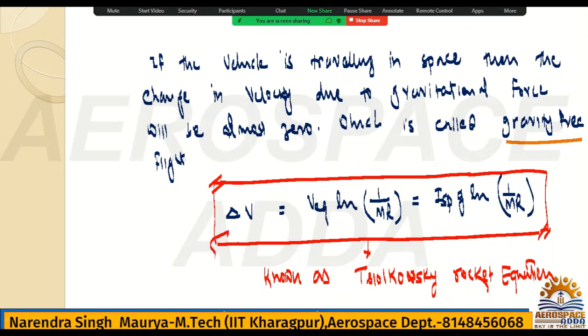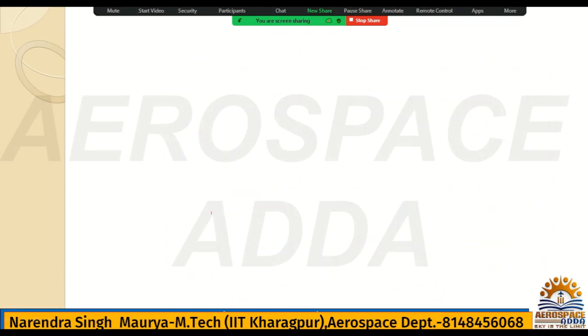And this is the change in rocket velocity. All right. Now we need to find burning time. How to calculate that?